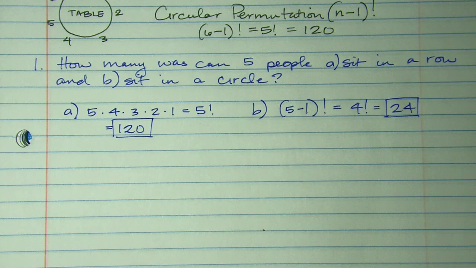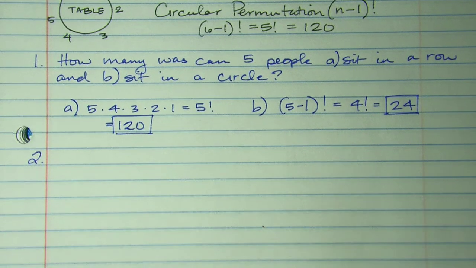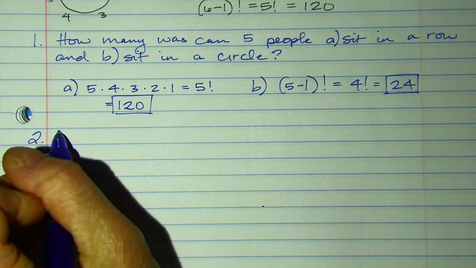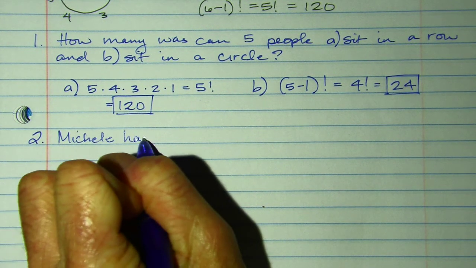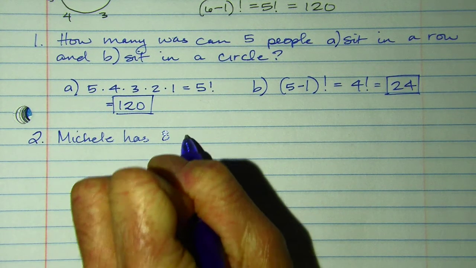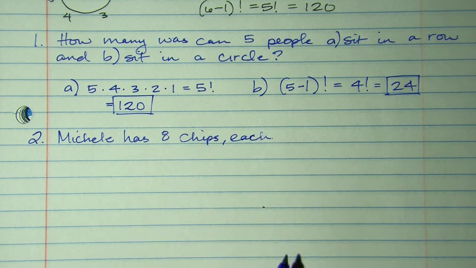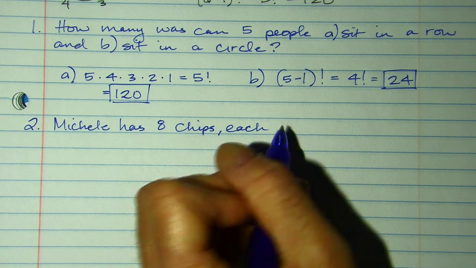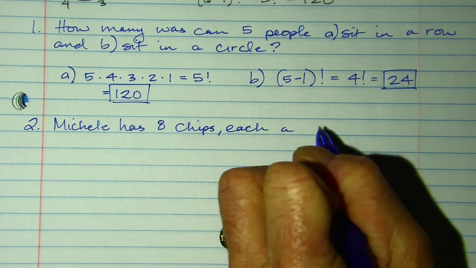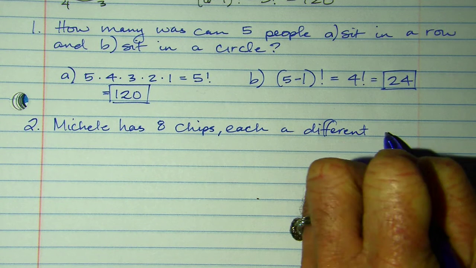All right, number 2. Let's say Michelle, which in my case is me, has 8 chips. You can think, if you want, of this as poker chips or regular potato chips, whatever. Each a different color.